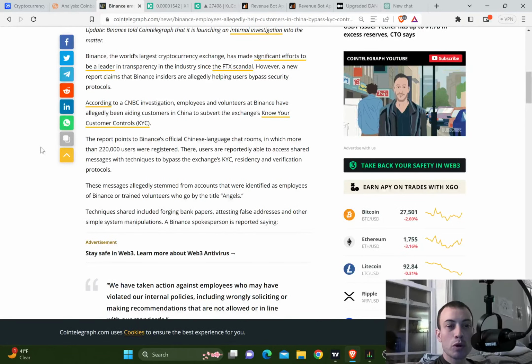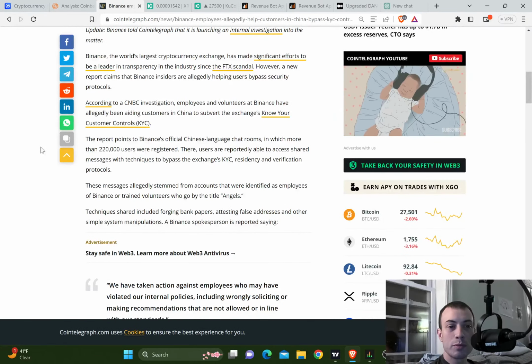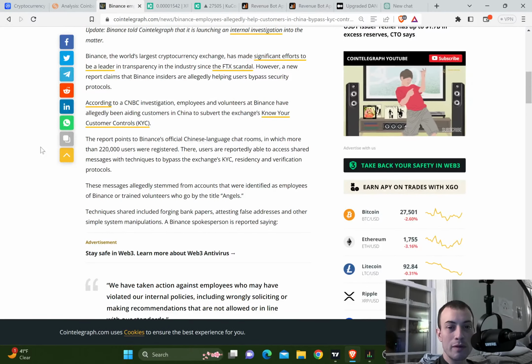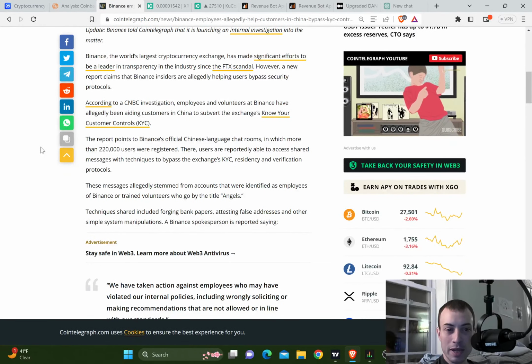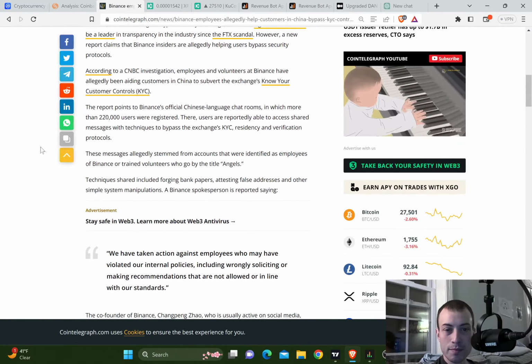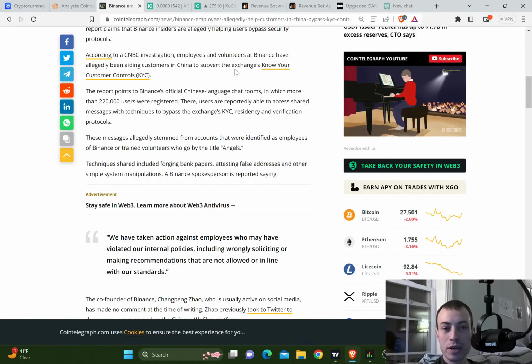The world's largest cryptocurrency exchange has made significant efforts to be a leader in transparency in the industry since the FTX scandal. However, a new report claims that Binance insiders are allegedly helping others bypass security protocols. Ooh. Yep, aiding customers in China to subvert the Know Your Customer controls, KYC.